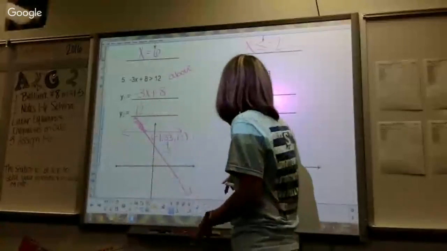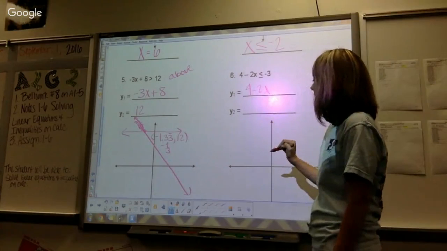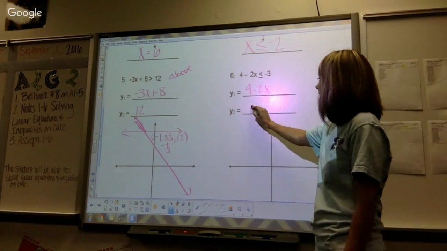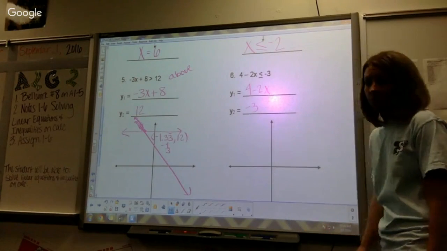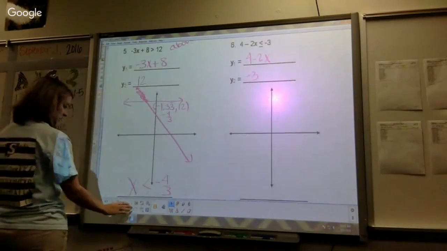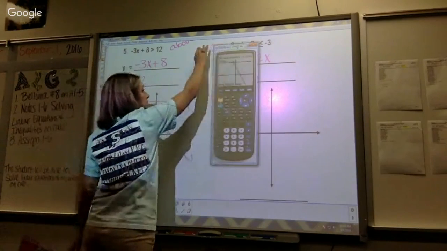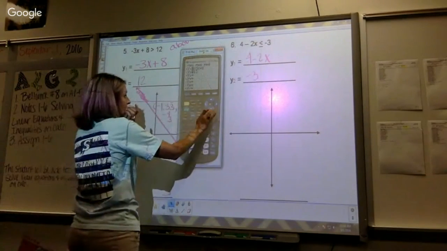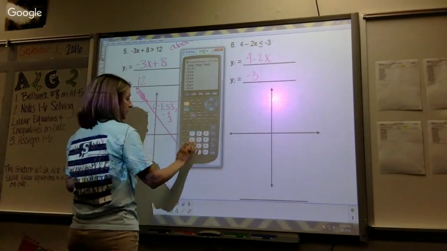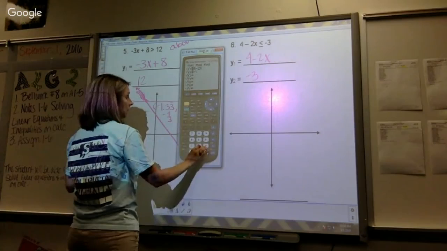Okay, let's look at 6. So for y1, from the left side, we have 4 minus 2x, and then y2, we have negative 3. So we have 4 minus 2x, and we have negative 3.